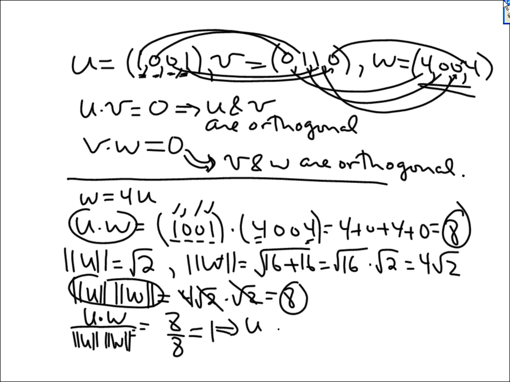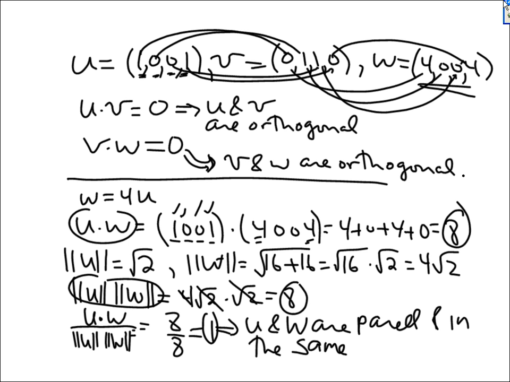So u and w are parallel. And since we got 1, the same direction as opposed to opposite directions, they are parallel and in the same direction.